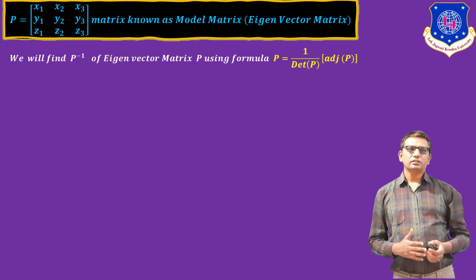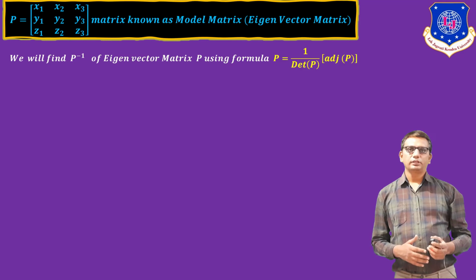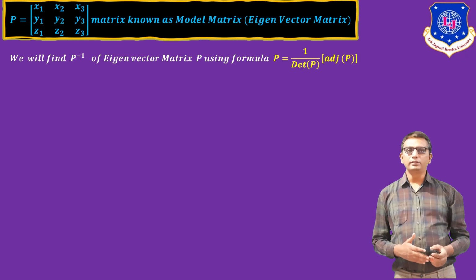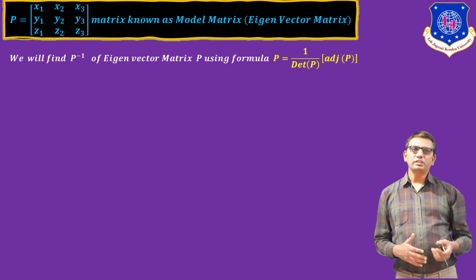If we are taking the cofactor of x2, it is in the second column and first row, so it's a negative entry. Its cofactor value is negative, and after that for x3 we again have a positive entry. So we already know how to find the adjoint of matrix P. According to that, first of all find the P inverse.